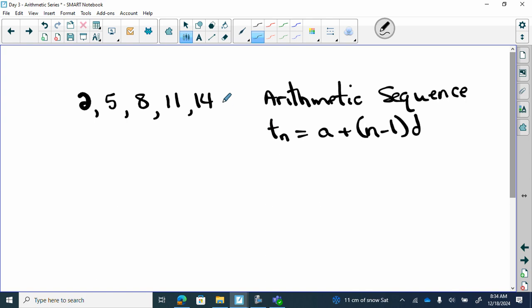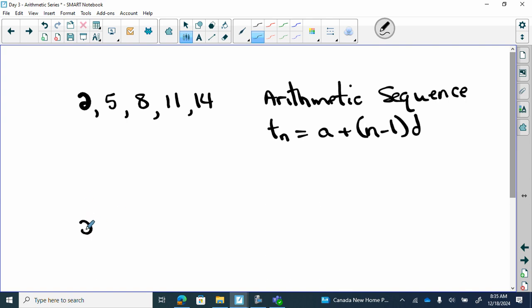You could find an indicated term, like if I said to you, what's the 10th term? T10 would equal 2, a, plus 10 minus 1, 9, times d, the common difference. What's the common difference? 3. Nice. So 9 times 3 is 27 plus 2, 29. The 10th term would be 29. You could find a number of terms, if I put a comma and then the last term there. We did questions like that on Monday.